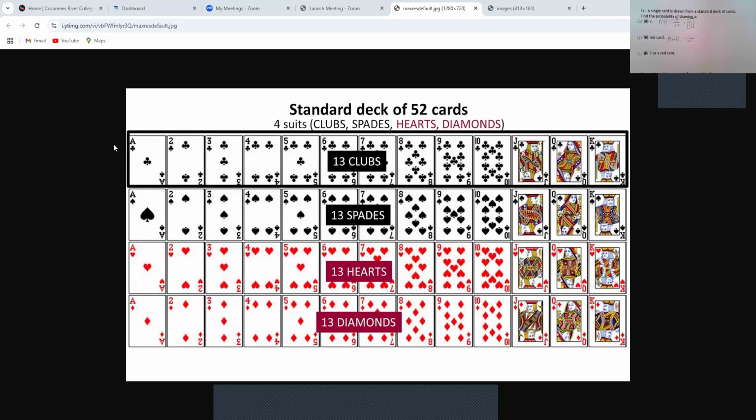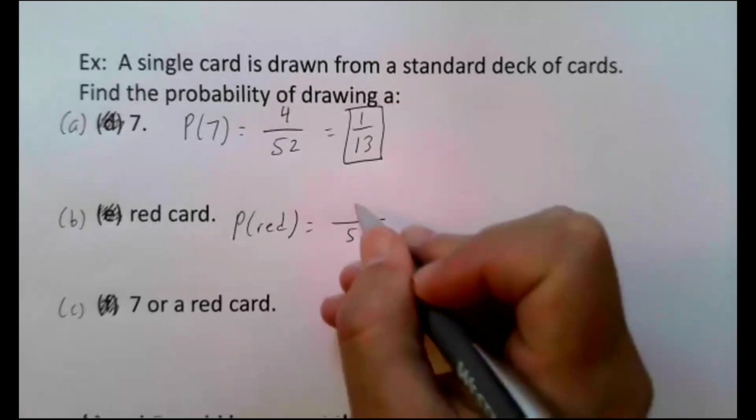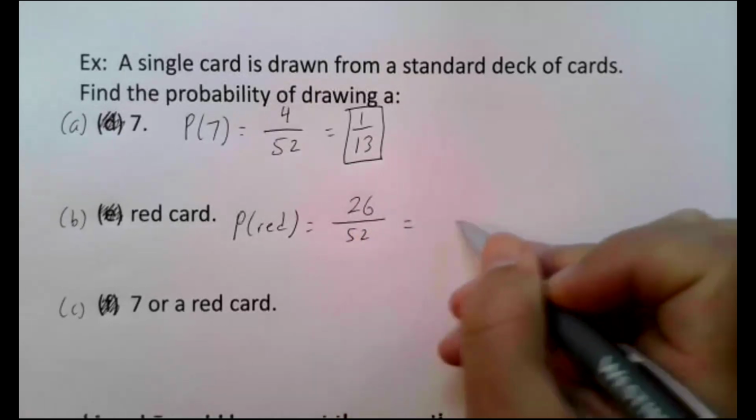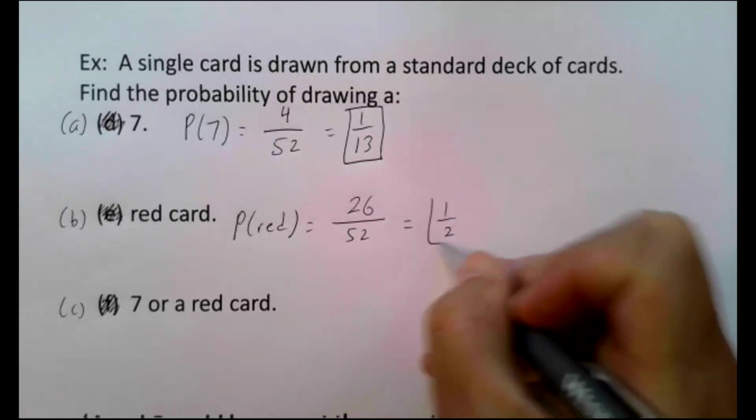Each row has 13 cards. So 13 plus 13, there are 26 red cards in the deck. That means there are also 26 black cards in the deck. So 26 out of 52. 26 out of 52 chance you're going to get a red card. If you divide top and bottom by 26, you get 1/2.